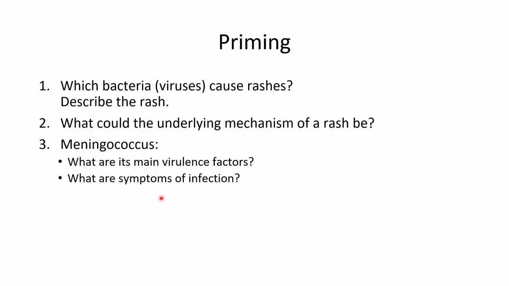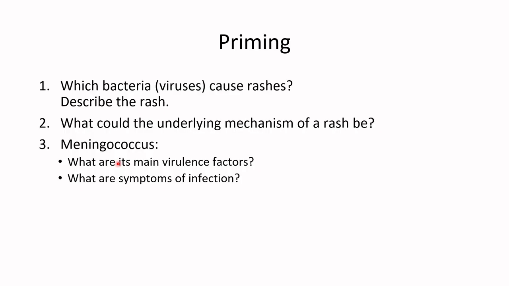Okay, so what are the main virulence factors of Neisseria meningitidis? The first thing that you should think about is the capsule. Other virulence factors, pili for adhesion. Then you have also other surface proteins, which are called OPA or OPC.